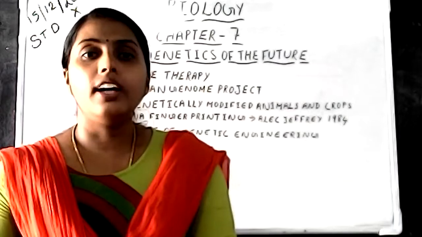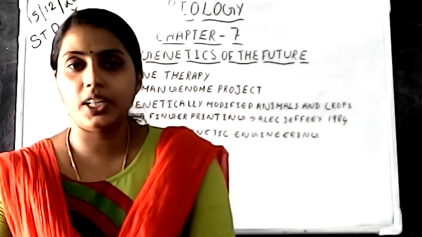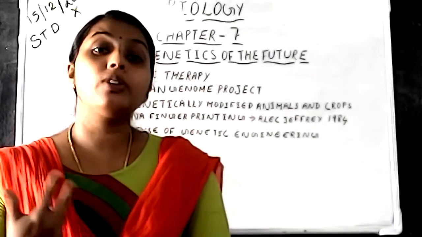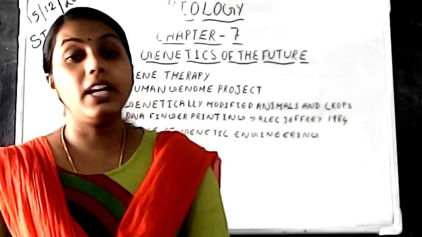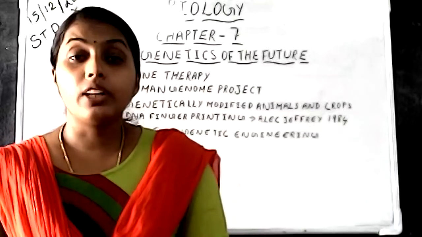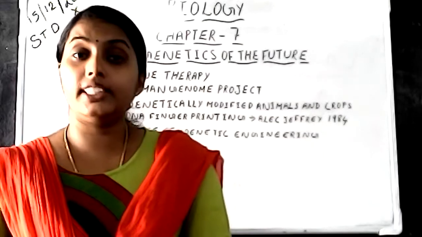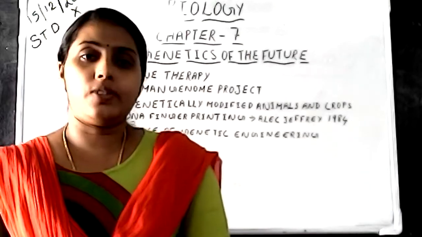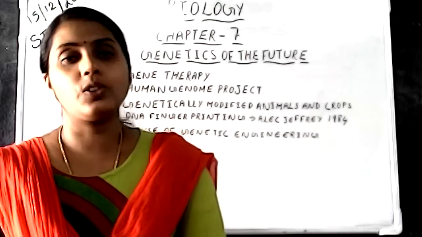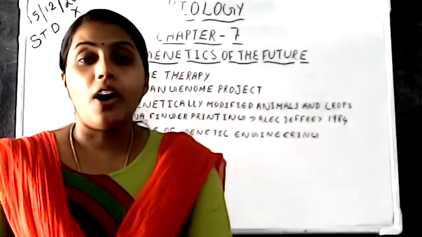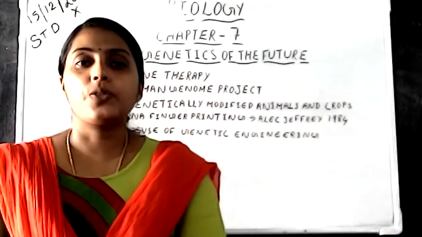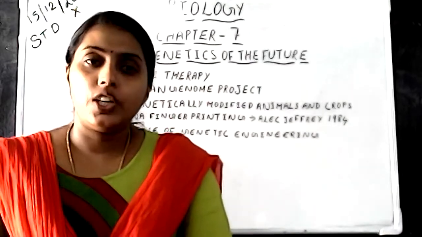So here, with genetic engineering, the uses are that we can produce highly modified crops, we can use it as treatment for many diseases, and we can remove genetic diseases. Likewise, so many uses are there. At the same time, there are so many misuses also. So now we can see the points regarding the misuse of genetic engineering.